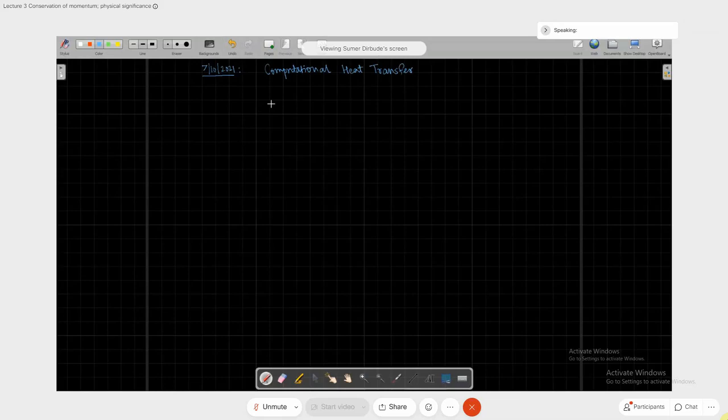Okay, so in the last class, we derived the conservation of mass equation.